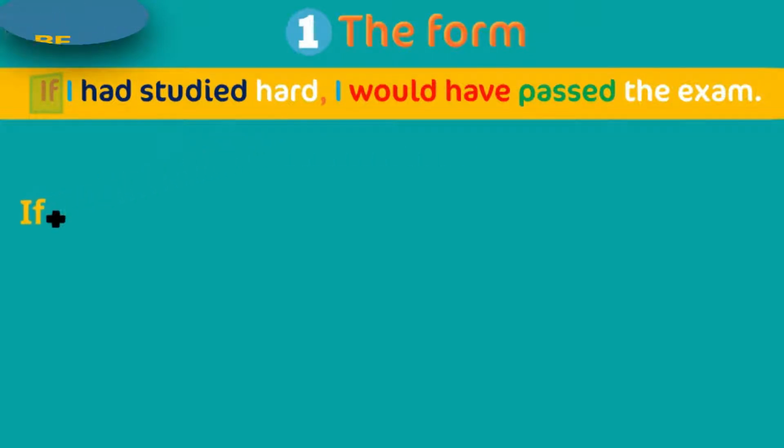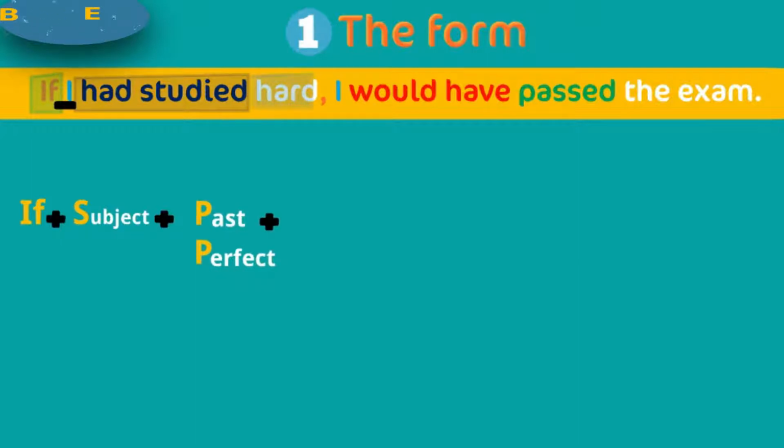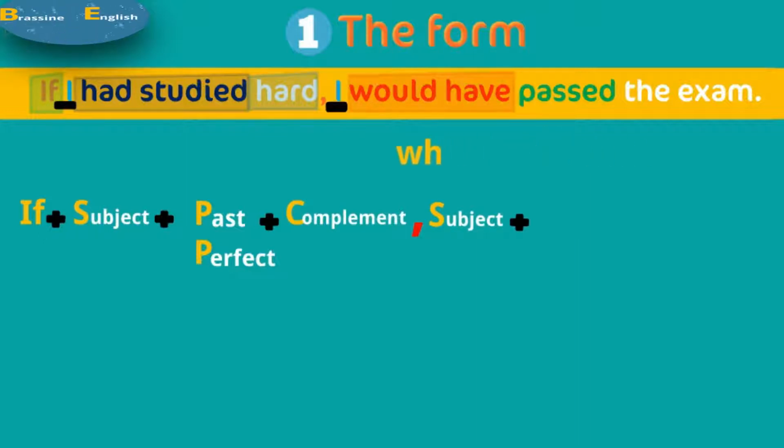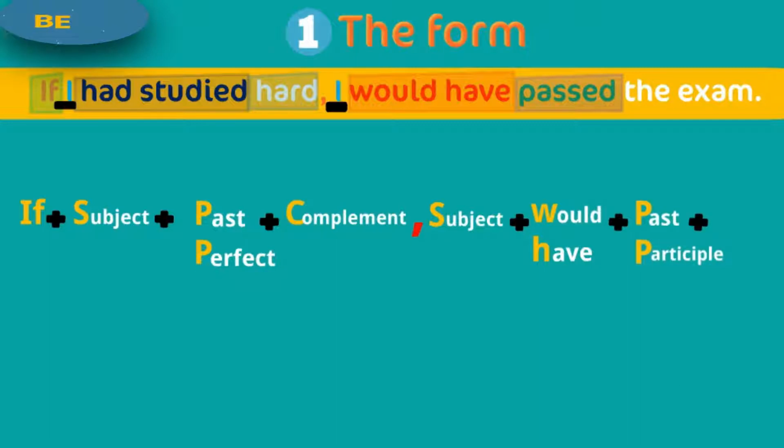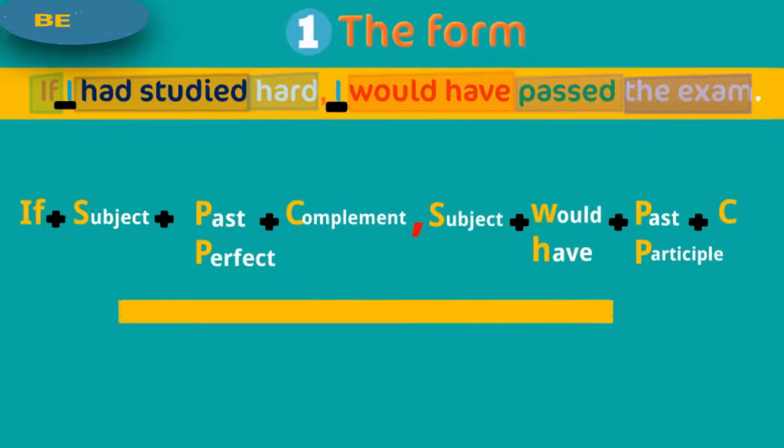We have if plus I, which is the subject, plus had studied, which is the past perfect, plus hard, which is the complement of the if clause, comma, subject of the main clause, plus would have, plus the past participle of the verb, and then finally plus the complement of the main clause. But notice this is not always the structure.